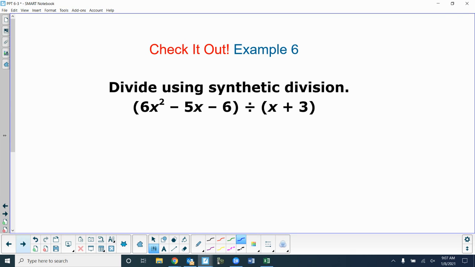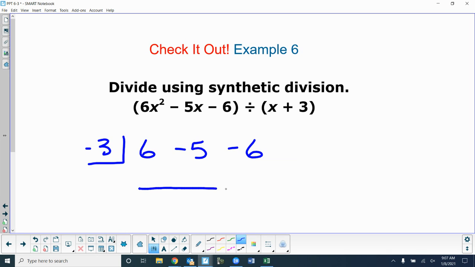All right, so what goes in my corner? Anybody have an issue with that part? Do I need to add any zeros? No. So it's 6, -5, -6. You take the minus sign as part of it, the negative sign.